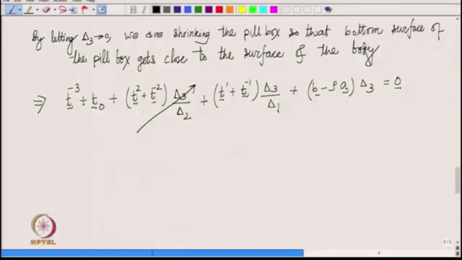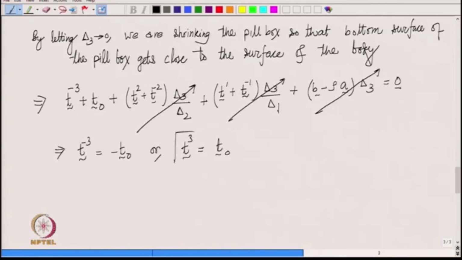So, you see all of these go away, and finally, we get traction on negative 3 plane is equal to minus of t naught, or traction on positive 3 plane is equal to t naught, right, because traction on 3 plane and negative 3 plane are action reaction pairs.